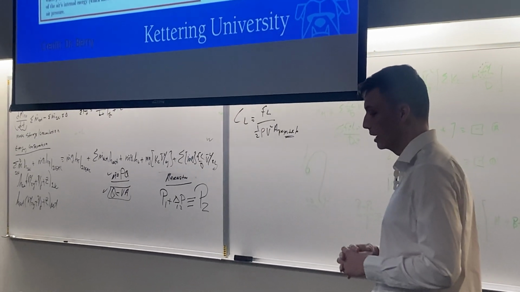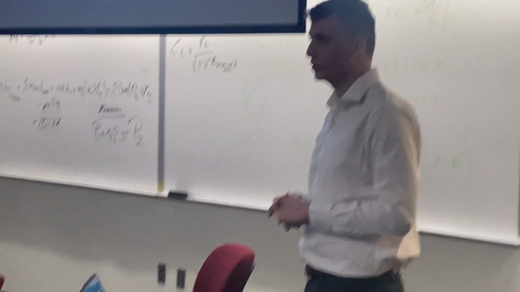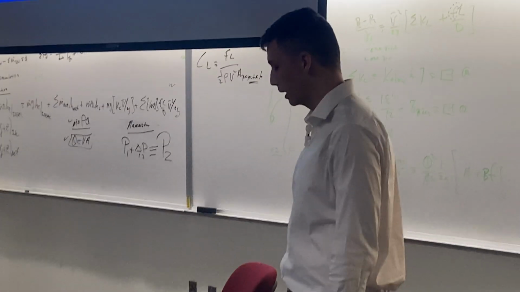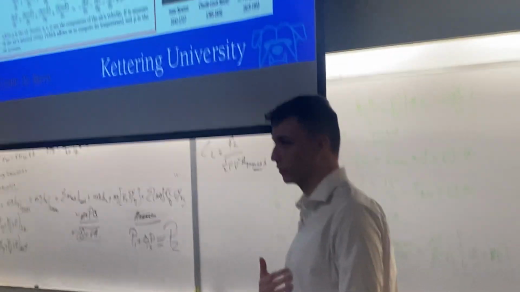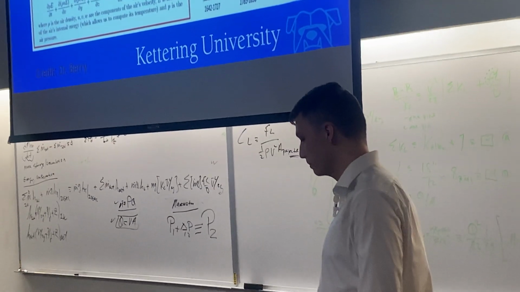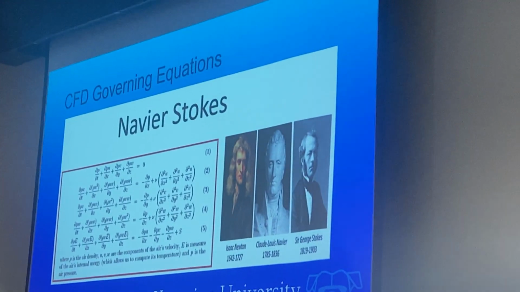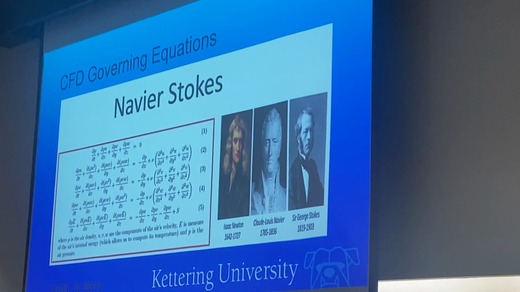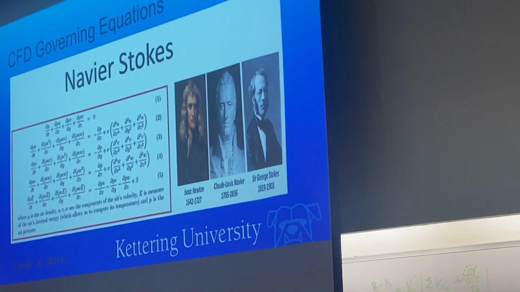It takes a long time to run some of these simulations, and so it can get quite costly in that regard. And the limitation with this project is that we were running it on a laptop, so it couldn't get super accurate results. And also, the student software has a limitation on how many nodes and elements you can use. So that was one limitation.